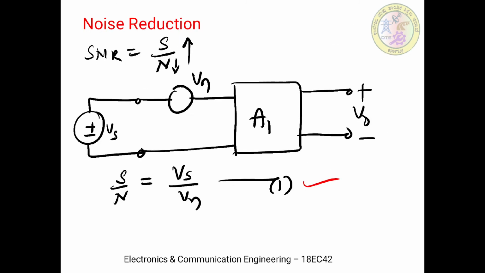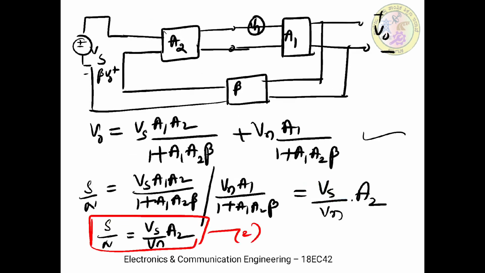When we have only one amplifier which is affected by the noise, the signal to noise ratio is only Vs by Vn. But if we introduce another amplifier in the feedback, preceded by another amplifier A2, which is a clean amplifier, then the overall signal to noise ratio will be increased by a factor A2, where A2 is nothing but the gain of the preceding amplifier.